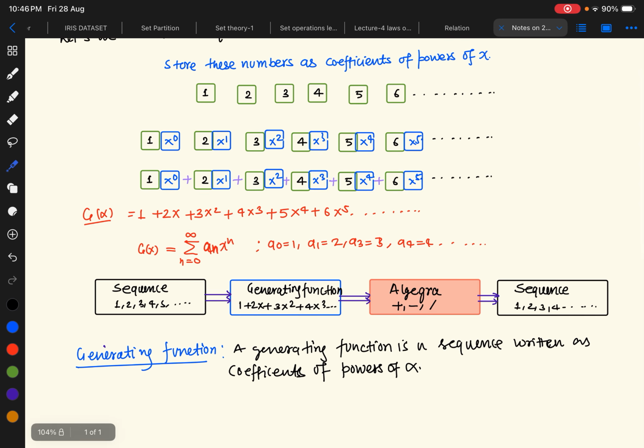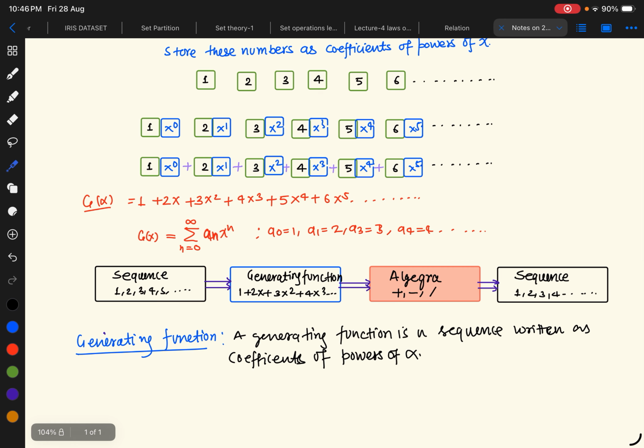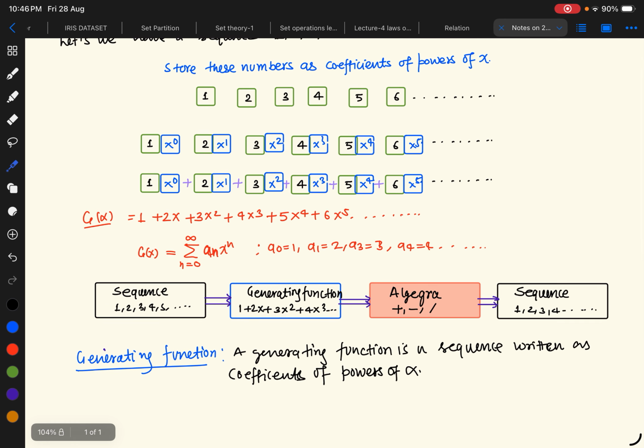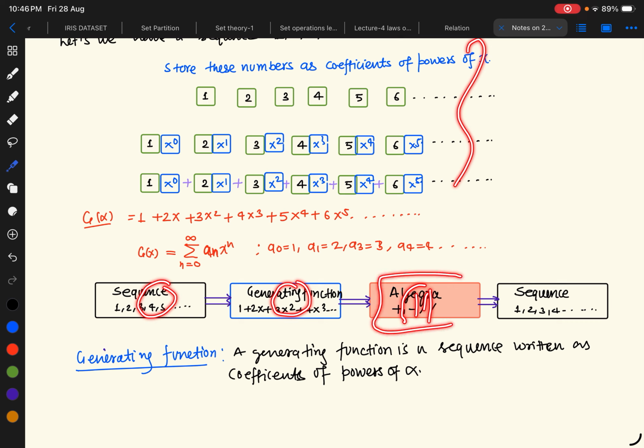Now we are going to learn why we use generating functions. What we have done here is, we had a sequence, we converted it into an expression, and this is our objective: to apply algebraic manipulations like plus, minus, and division on g(x).